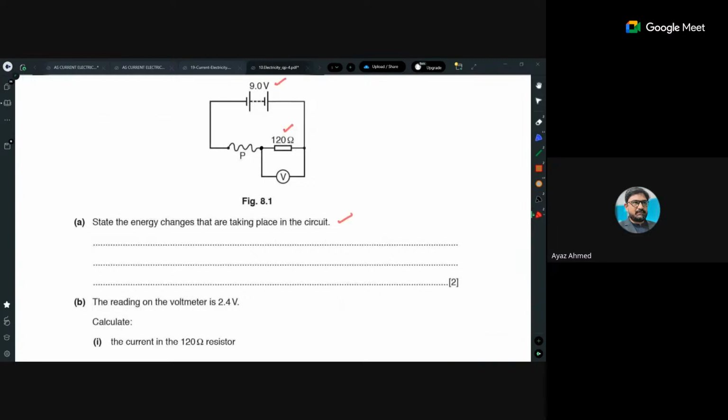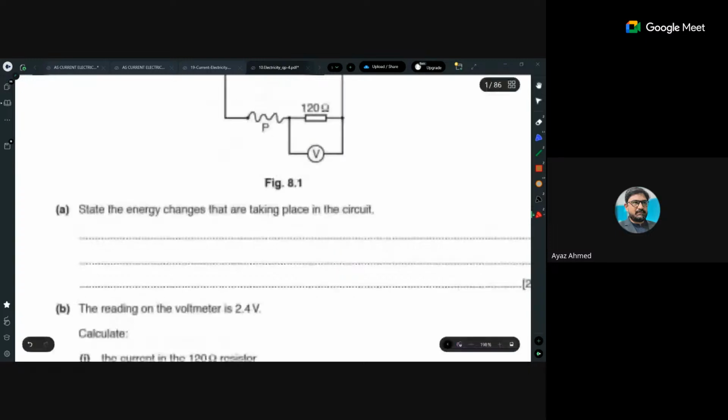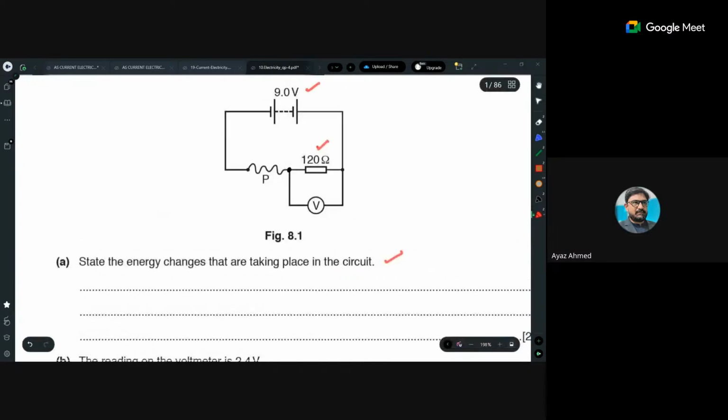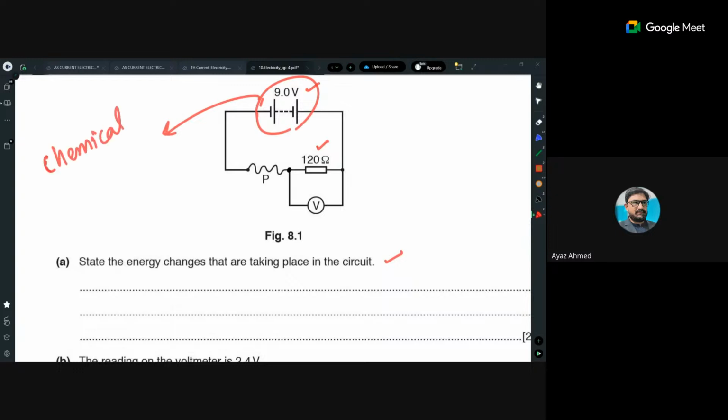Which energy change is taking place in the circuit? Is there any suggestion? Which energy does this battery possess? Chemical. Yes, you have chemical energy here, or you can say non-electrical energy. And in this wire would get heated up, that means it would have some heat energy, or thermal energy.